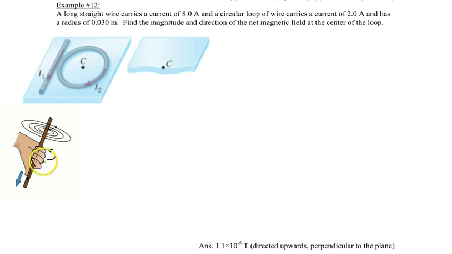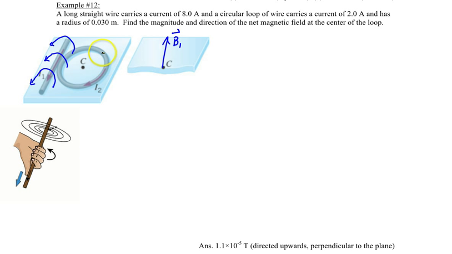Your fingers will curl in the direction of the magnetic field. They would be coming out of the plane on the right side and into the plane on the left side, curling around in this direction. So the field on the right side of this long straight wire would be coming out of the plane.